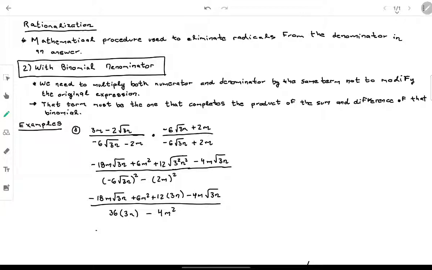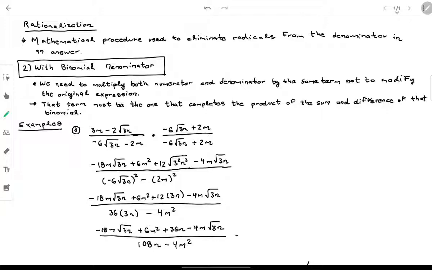What will happen next? It's going to be minus 18m that multiplies the square root of 3n plus 6m squared plus 36n minus 4m that multiplies the square root of 3n, all of it divided by 108n minus 4m squared.